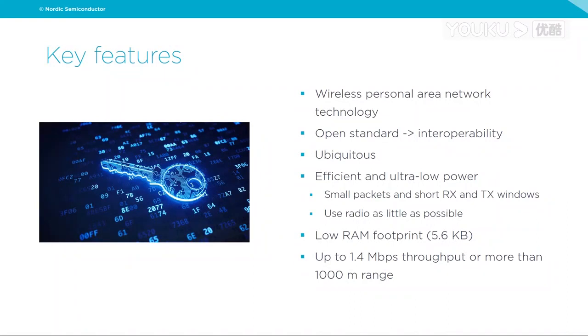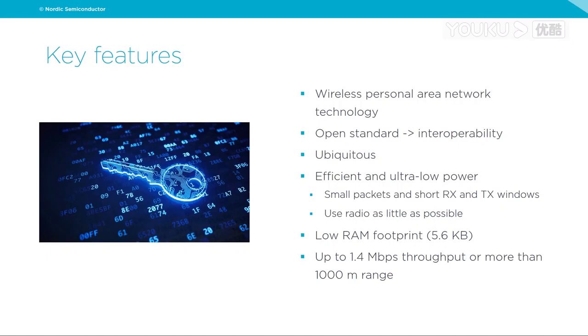It's an open standard, meaning that you have interoperability between devices, and it's ubiquitous. This means that the Bluetooth Low Energy standard is now standardized in all smartphones, tablets and laptops, in addition to a wide range of other devices. It has support in iOS and Android, as well as Mac OS, Windows 10 and Linux.